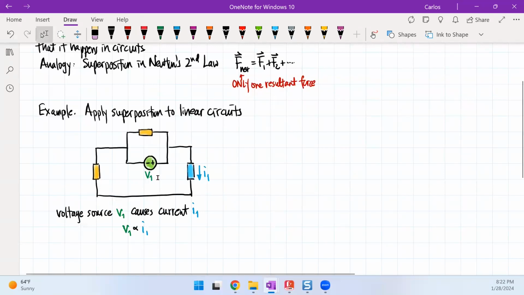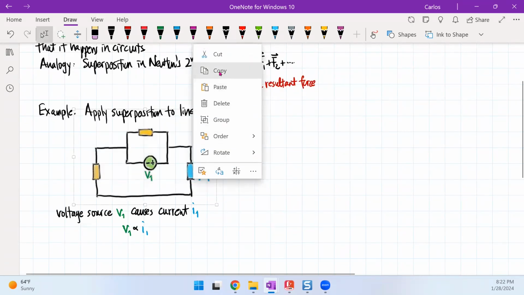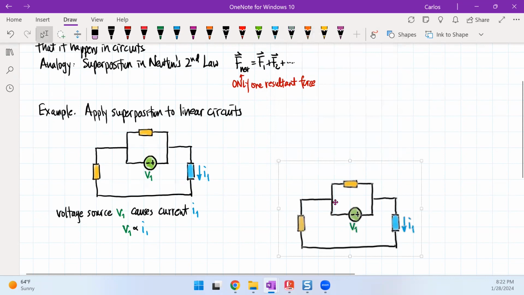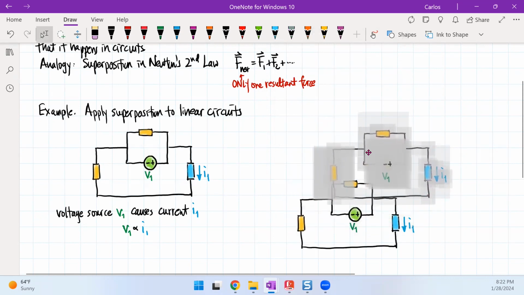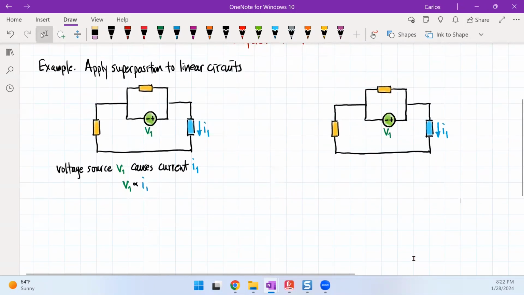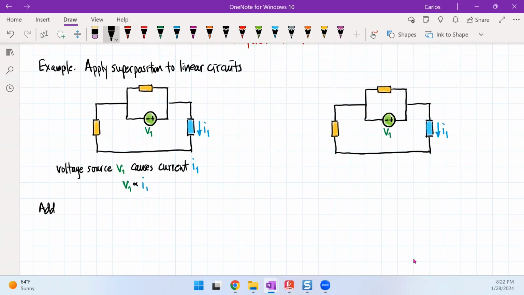Now what we're going to do here is add a second source to the circuit. Okay, so imagine that I now have this situation, let me move this over here a little bit further, and I'll probably have to adjust this. You know what, I'm going to bring it down. We're going to add a second source into the circuit.